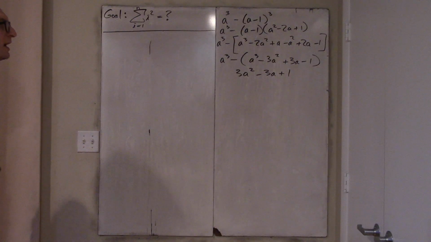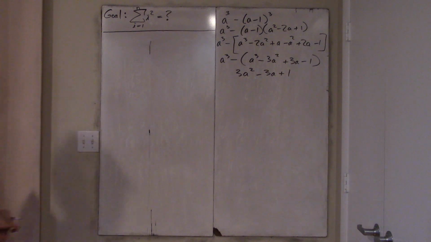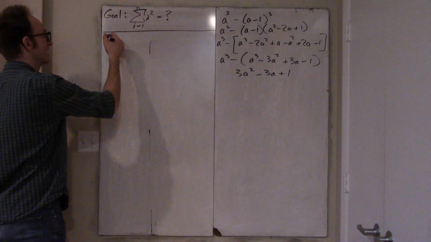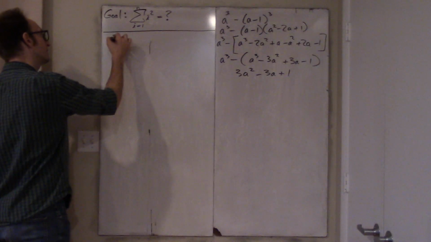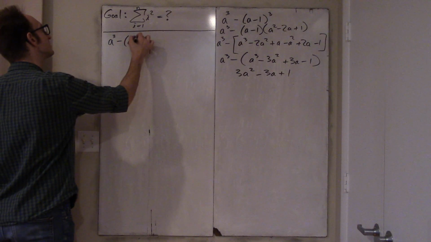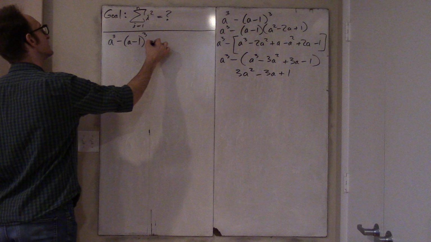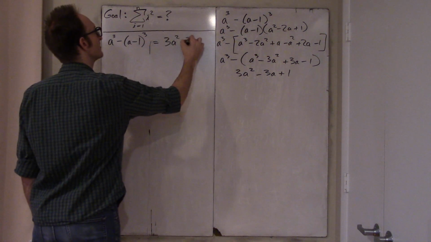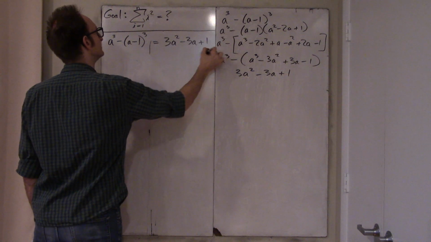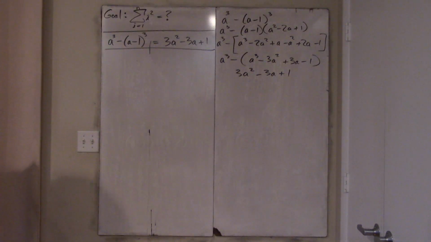Okay, I want to erase this for space reasons, so let me write it over here as a math fact. Math fact: if you take a number cubed minus the previous number cubed, then you do get 3a squared minus 3a plus 1.